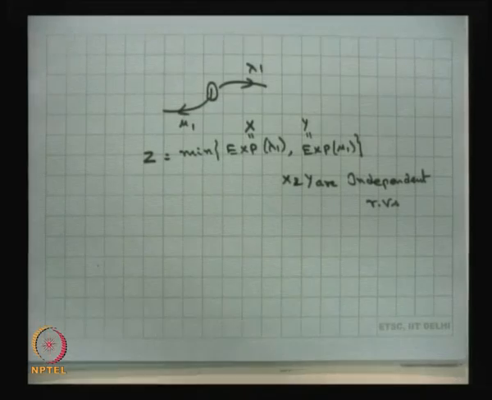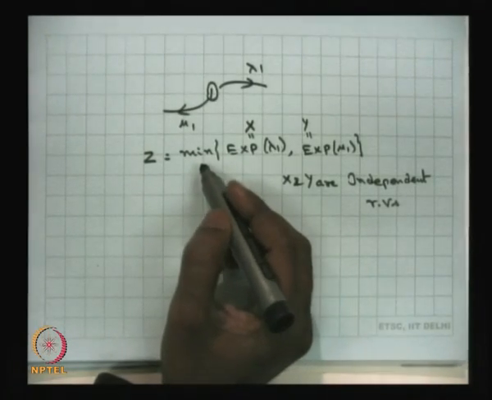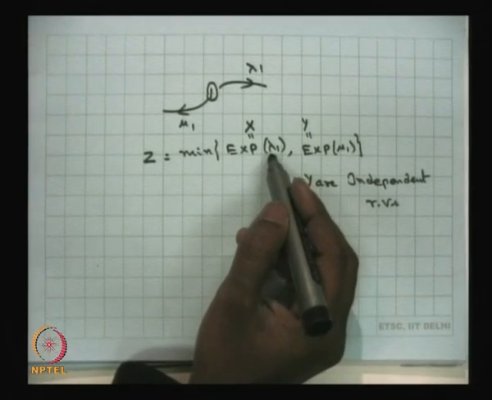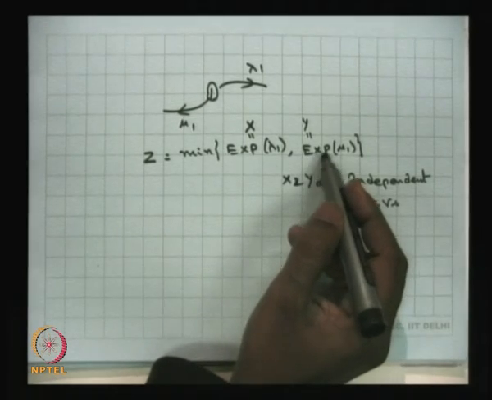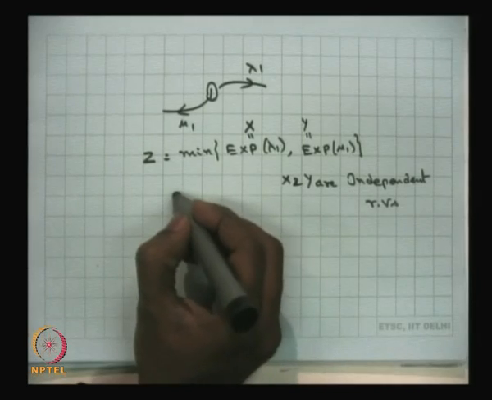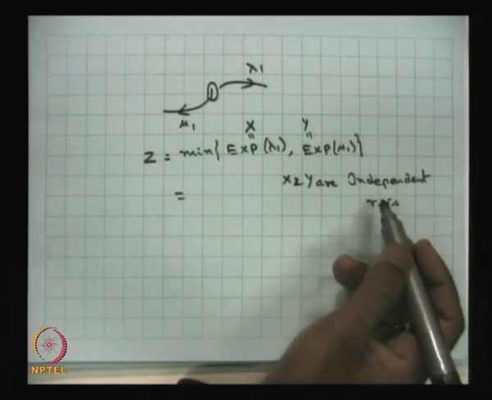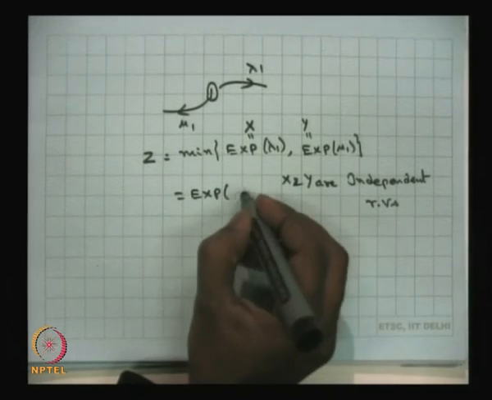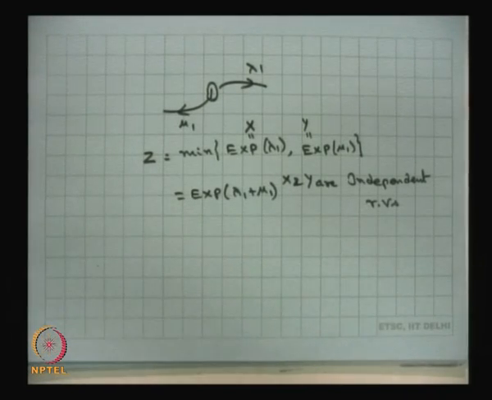Therefore, the time spent in state 1 before moving into any other state is the minimum of the random variable with the exponential parameter lambda 1 and the random variable which follows the exponential distribution with the parameter mu 1. You know that the minimum of two exponentials, as long as both the random variables are independent, is also exponentially distributed with the parameter lambda 1 plus mu 1.